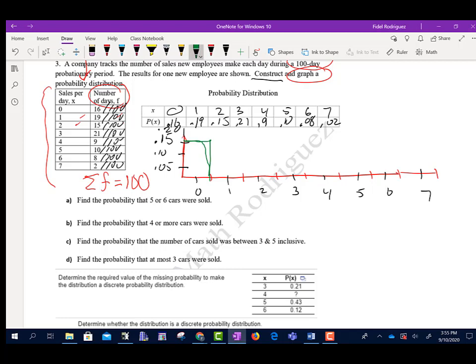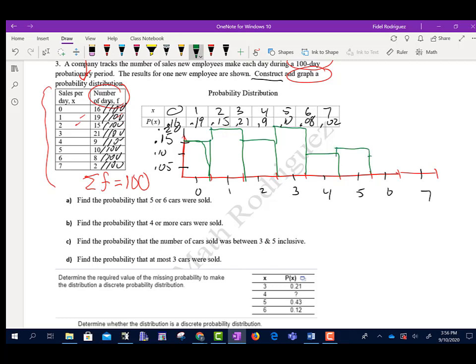Okay, so at 1, I'm going to go up to 0.19, which is just right below 20. At 2, I'm going to go to 0.15. At 3, I'm going to go to 0.21, so it's going to be slightly higher. At 4, 0.09, which is just right underneath 10. At 5, it's right at 0.10.